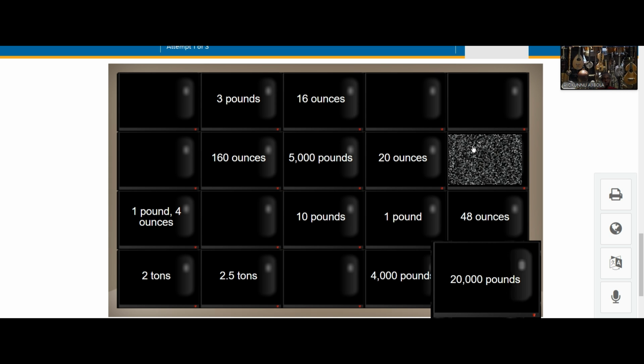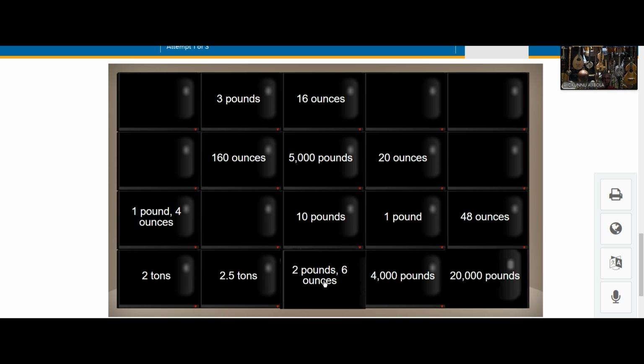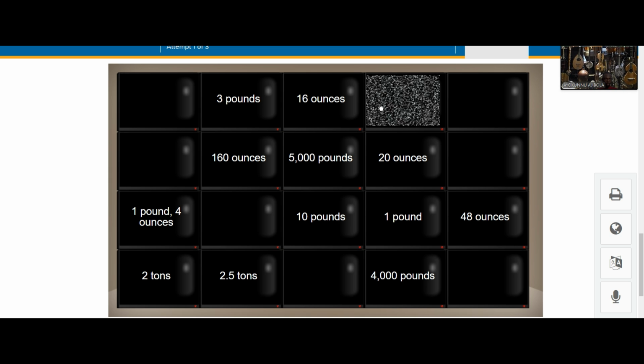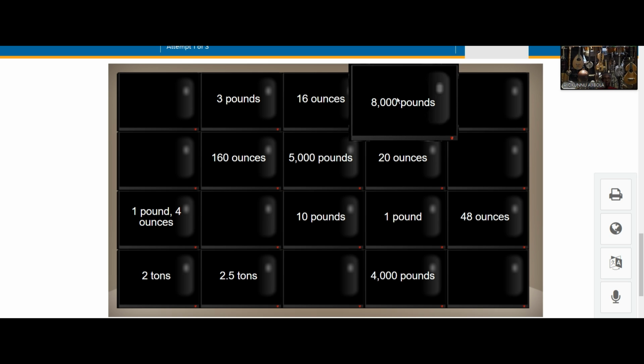Good. And this last one, this is 20,000 pounds. If we divide by 10, that will be 10 tons, but we don't have 10 tons yet. So this is 2 pounds, 6 ounces.